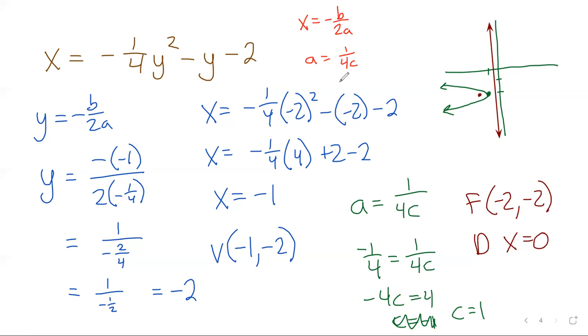And then once we have the vertex and a general idea of how things look, drawing a diagram really helps, just so you can see, oh, okay, the focus is to the left and the directrix is to the right, or whatever it is. That little diagram will just make things a lot clearer as you try to figure out which things go where.